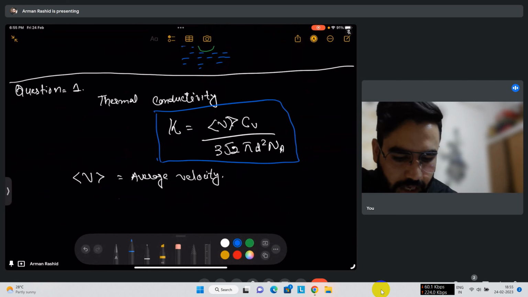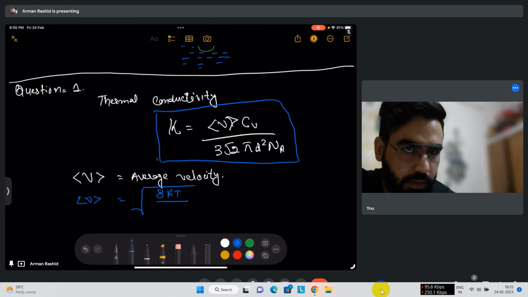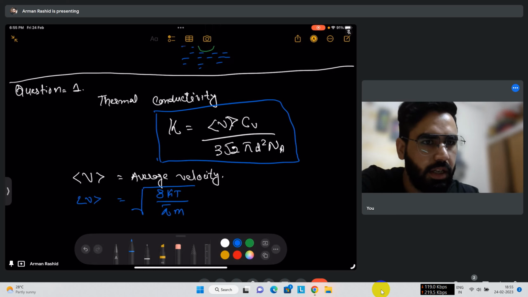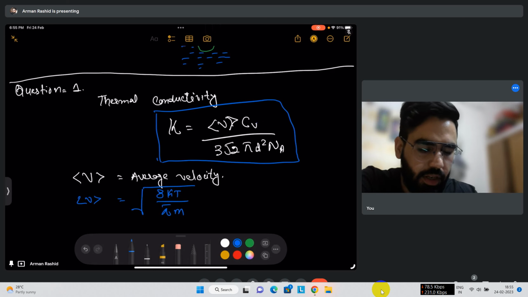We know from the kinetic theory of gases that the average velocity v is given by this expression, where Cv is the heat capacity at constant volume.